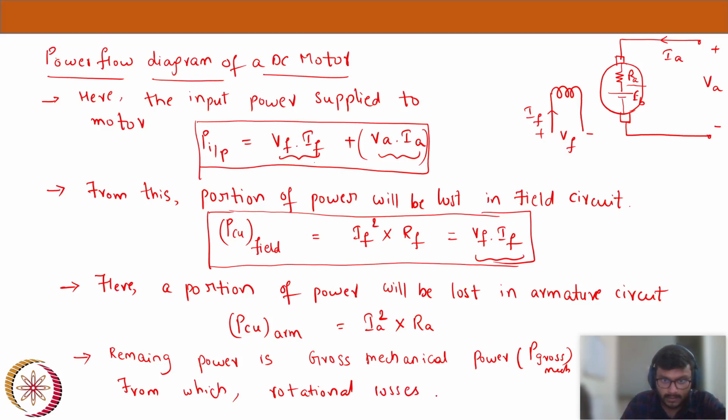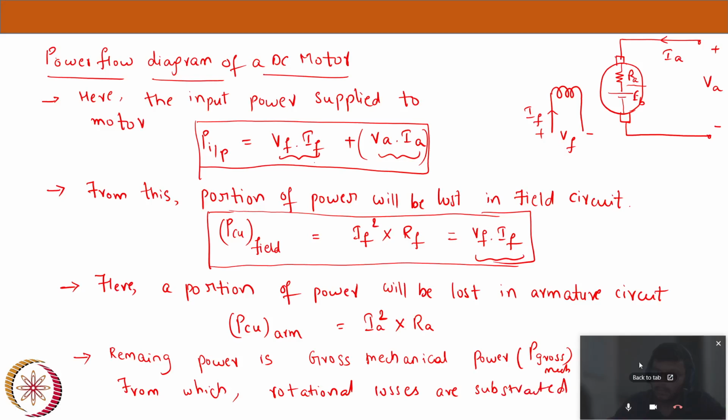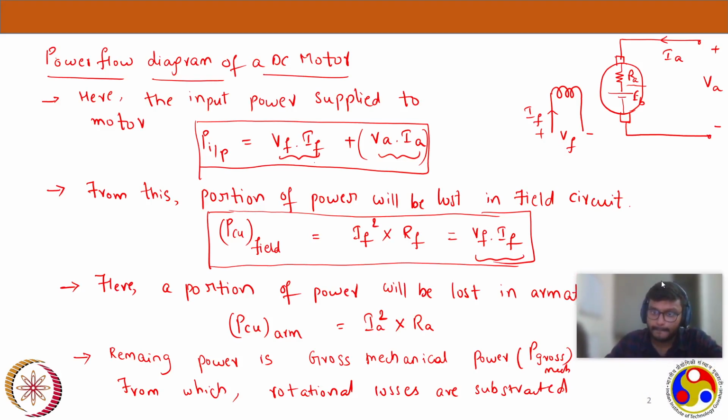Rotational losses are subtracted to get the net mechanical power.